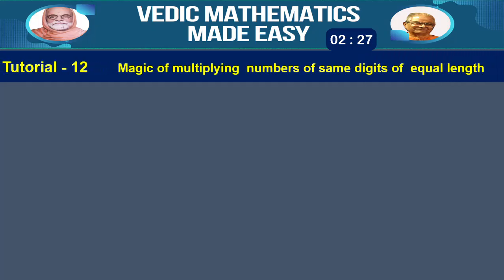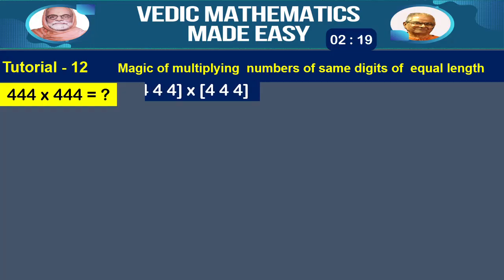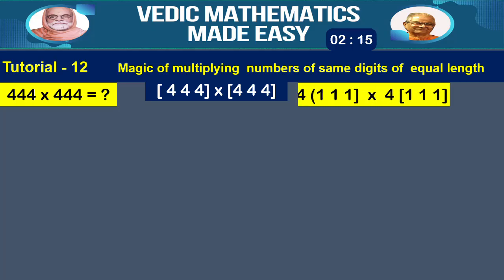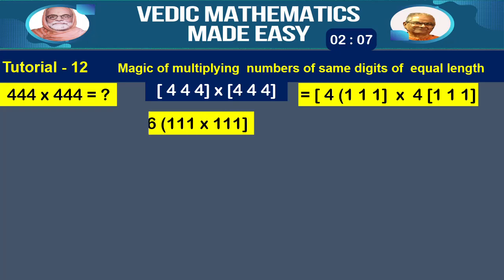Friends, now let us multiply 444 into 444. Let us take 4 outside the bracket. Then we get 4 into bracket 111 into 4 into bracket 111. And that is equal to 16 into bracket 111 into 111.